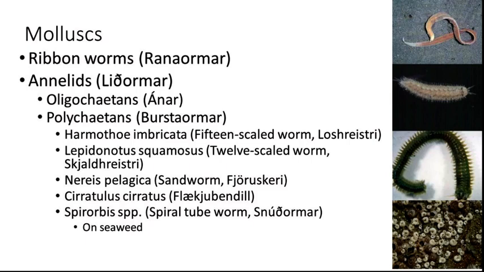Annelids are worms which are segmented, and some have scales and some don't. Oligochaetes are just soft-bodied segmented worms, whereas polychaetes are often soft-bodied as well, but sometimes have scales, like the 15-scaled worm, which you can see on the second picture from the top, and a similar one called the 12-scaled worm.